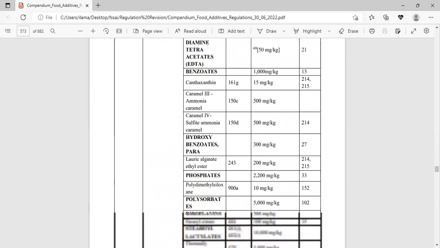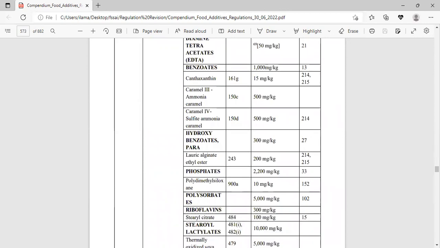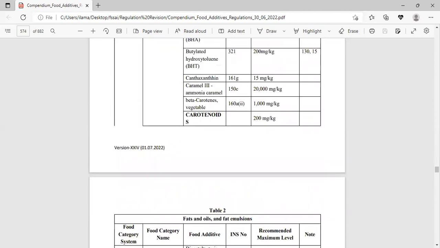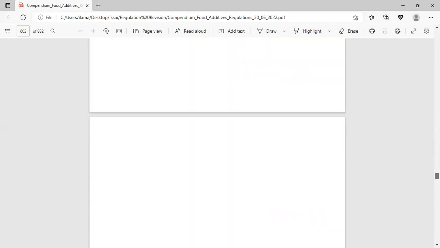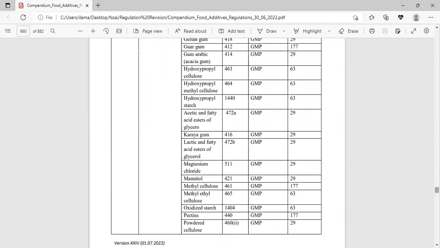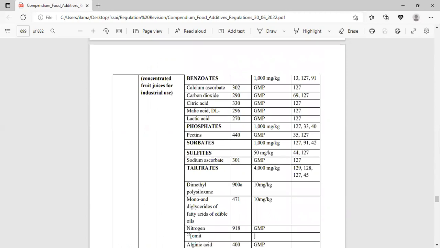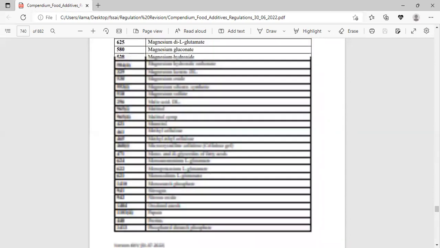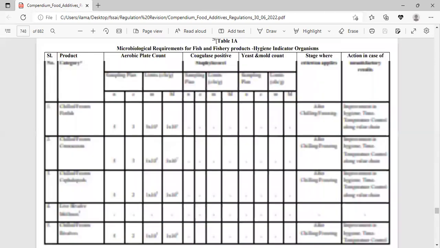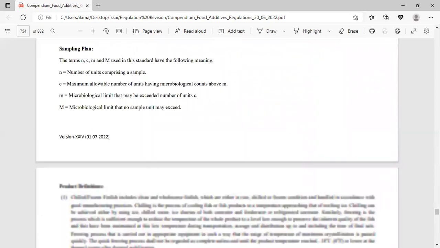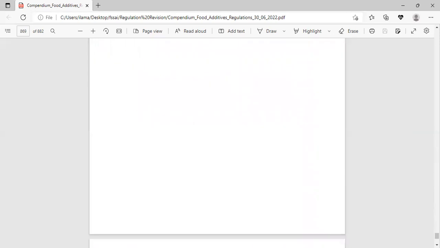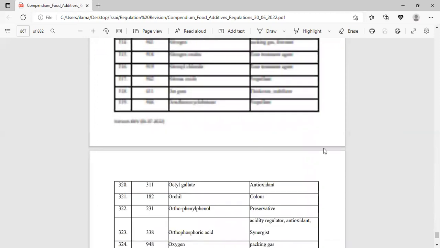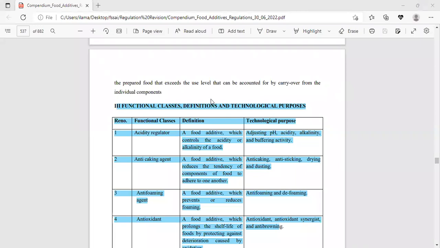Then just go through the definitions. So this is what I am telling.